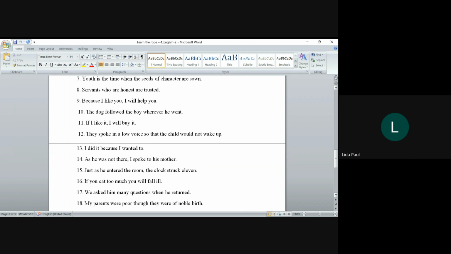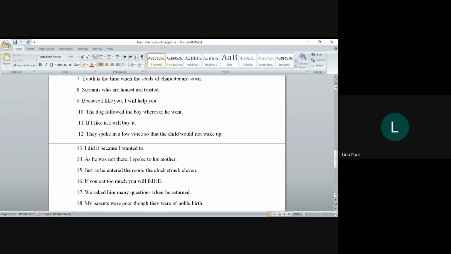Next one, 14th, as he was not there, I spoke to his mother. As he was not there. Correct. And what is that? Adverbial, ma'am. Correct. Adverbial because it is giving reason. 15th one, just as he entered the room, the clock struck 11. Just as he entered the room.